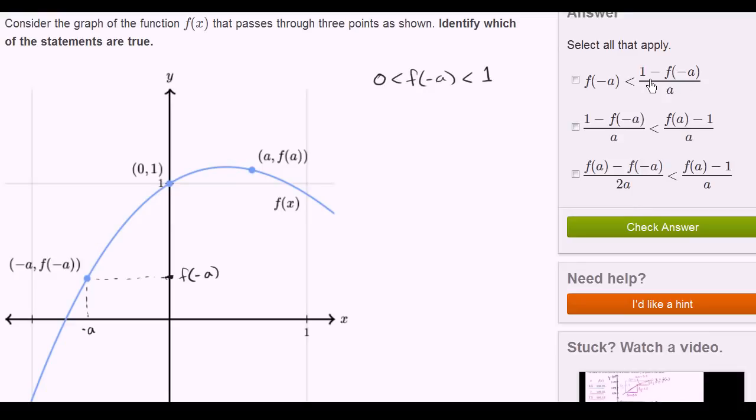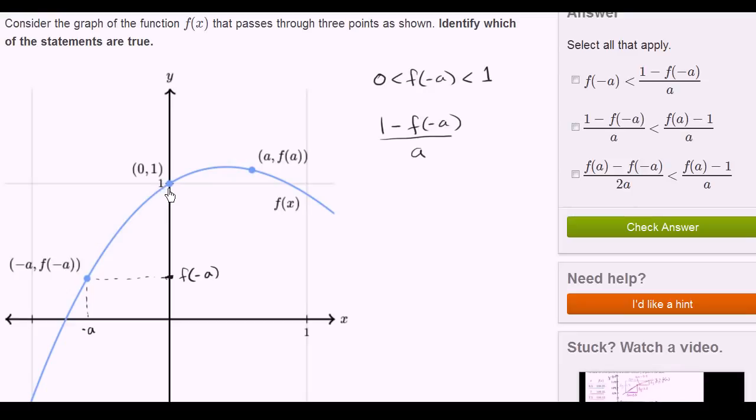Now let's look at this crazy statement, 1 minus f of negative a over a. What is this? Well, let's think about what happens if we take the secant line, if we try to find the slope of the secant line between this point and this point.